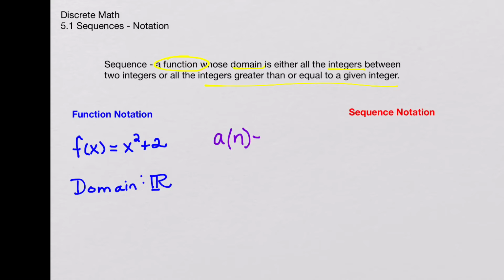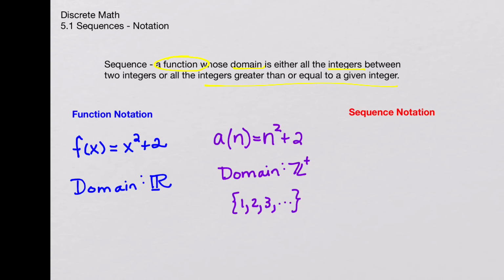So I could write a of n equals n squared plus 2. And that's basically the same function. It would just depend on what the domain is. So we're kind of in transition here. I've changed over to sequence though, so I'm going to say that my domain is the set of positive integers in this case. So that would be the set 1, 2, 3, and so on from there.